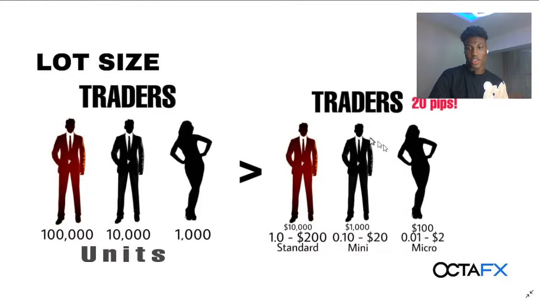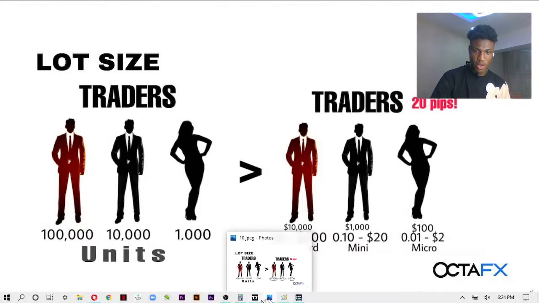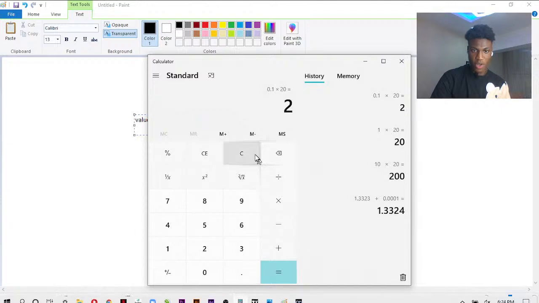Right now, it's really important to watch what lot size you're using to trade. In the course of this training, I'll also show you how to manage your risk. But let's say trader B decides to go hard on his trade and uses a standard lot size for his account. Remember the formula: value per pip multiplied by pip profit.